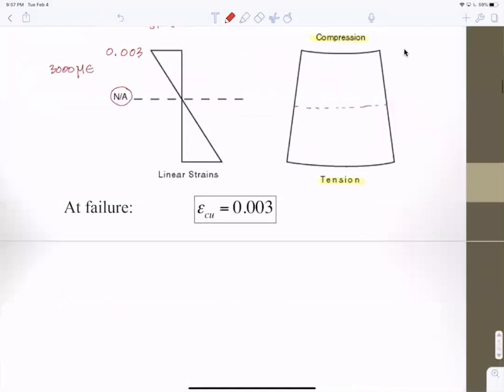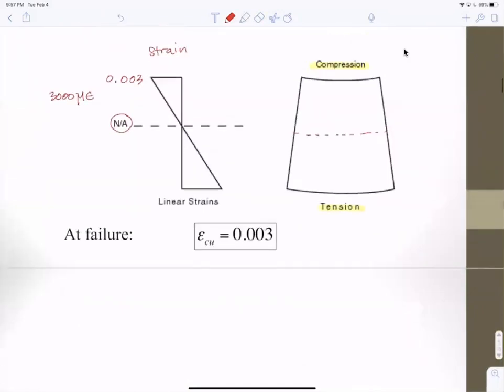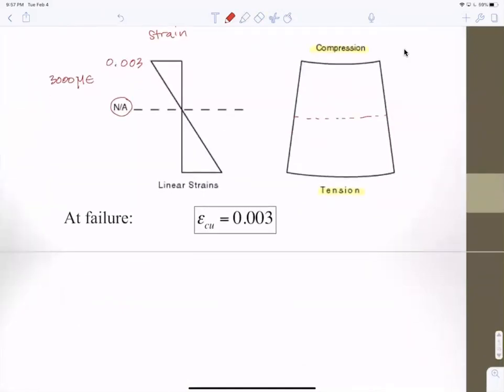One other thing I want to point out is if you take this angle, let's call this y, and that's epsilon. That angle is epsilon over y. That angle there is the curvature.